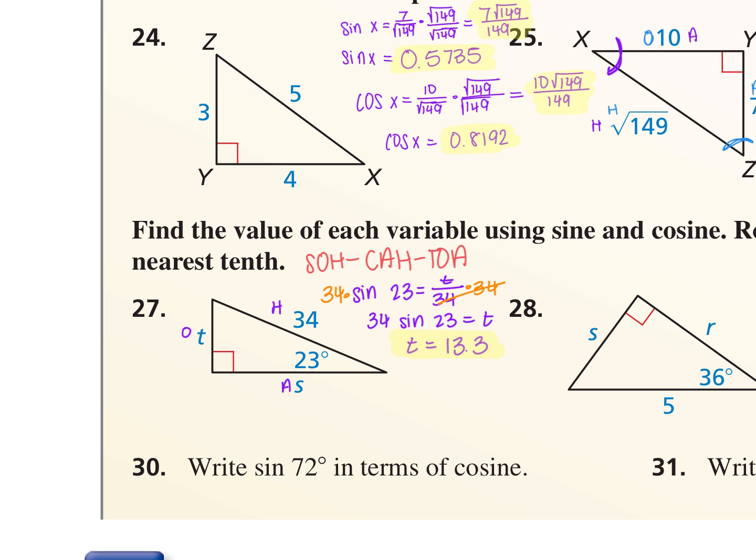I'm going to have cosine 23. Now I'm going to have my adjacent, which is s, over 34. Solving for my s, I'm going to multiply both sides by 34. If you solved correctly, you should have 34 cosine 23 equals s. And s rounded is going to be 31.3.